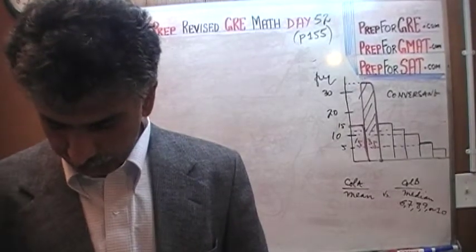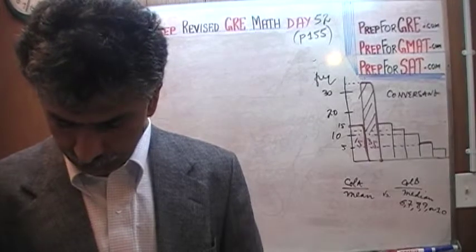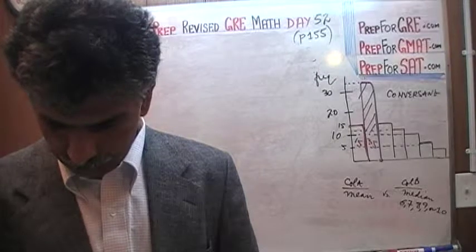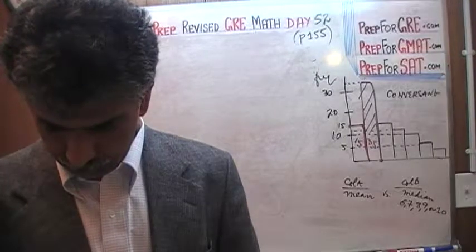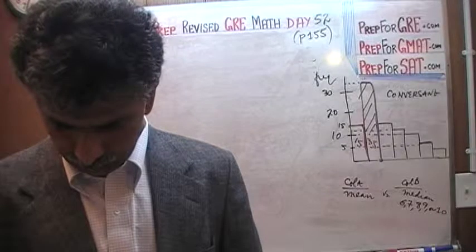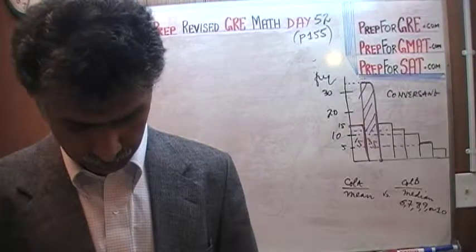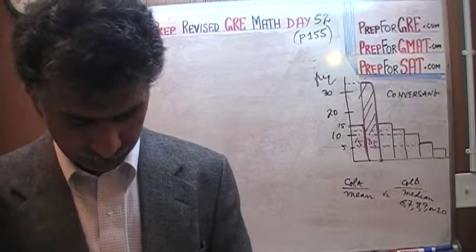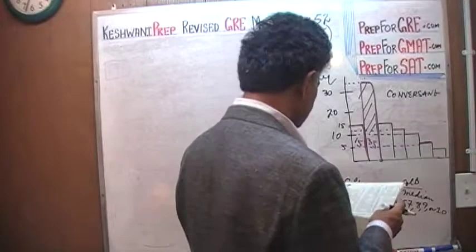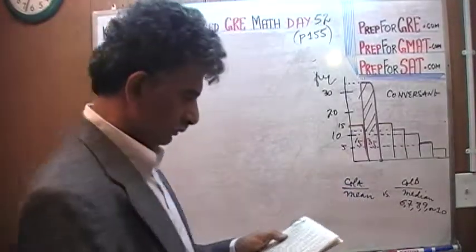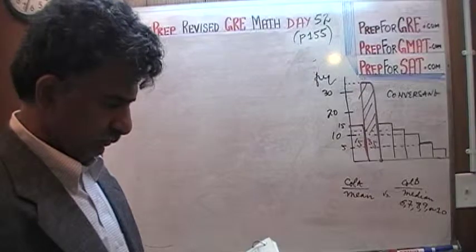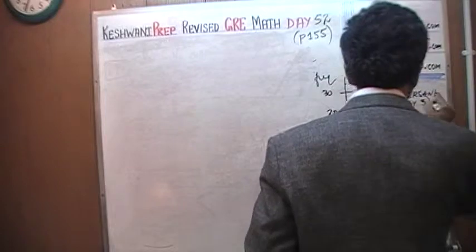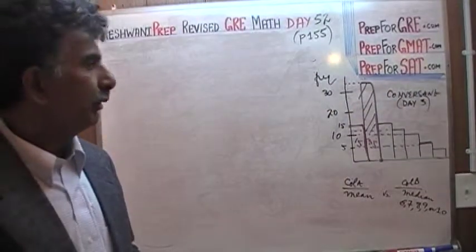And if you don't know what I'm talking about, in addition to the math video that you're watching, I have also put together some vocabulary videos on YouTube. I cannot find this. Oh, conversant right here. Day number 3. What do you know? Just type in vocabulary day 3 and you will learn this word conversant.